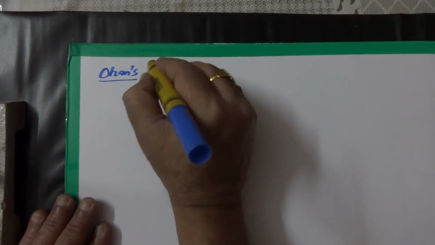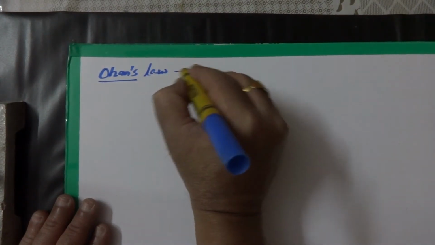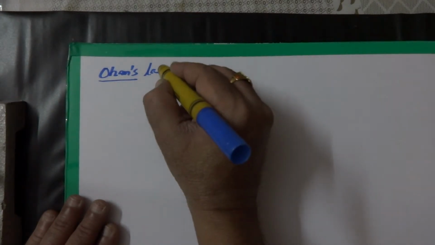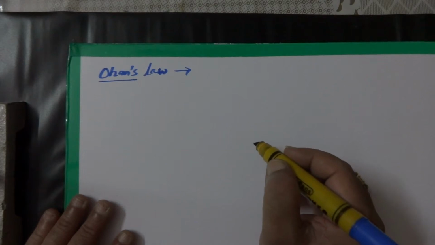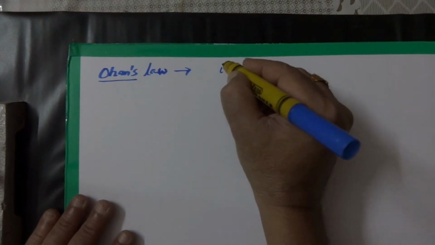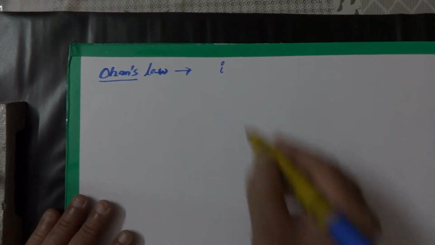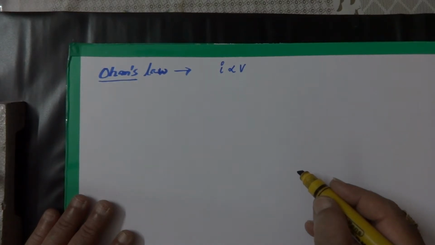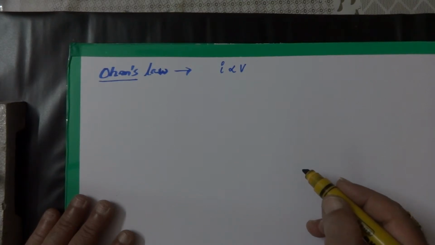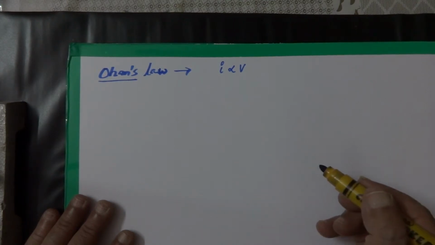George Simon Ohm is the full name of Mr. Ohm, and he has given this Ohm's law. The current passing through the conductor, I, is directly proportional to the potential applied across the two ends of the conductor when all physical factors like temperature and pressure remain constant.